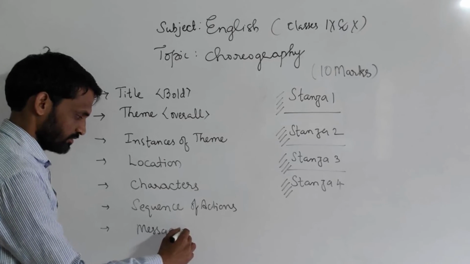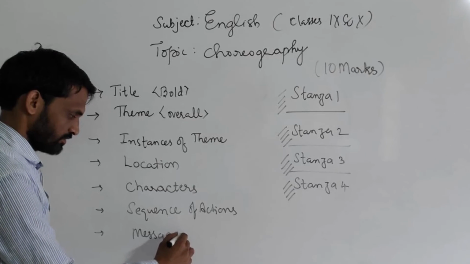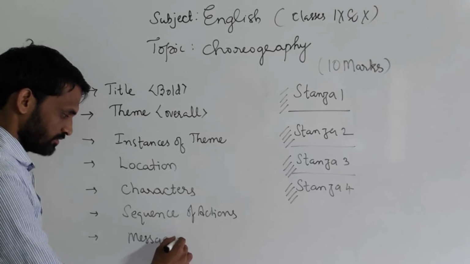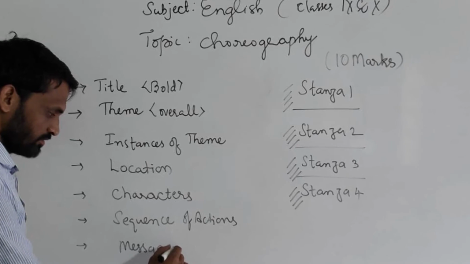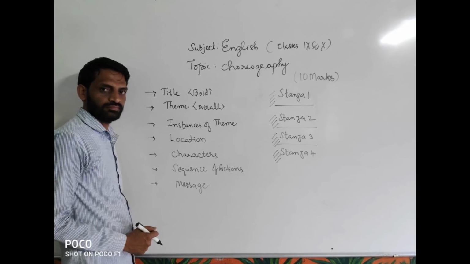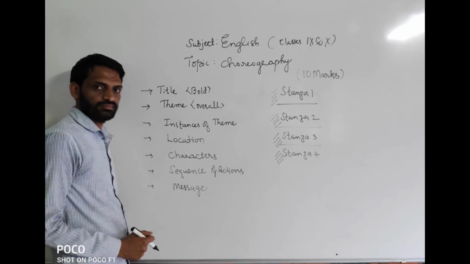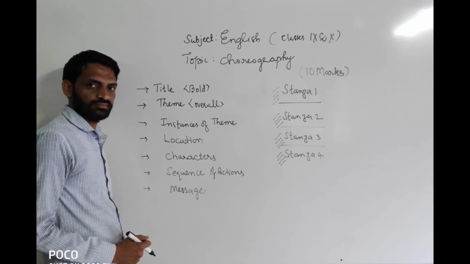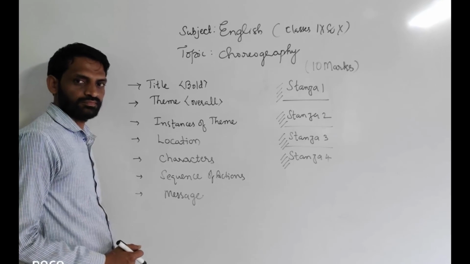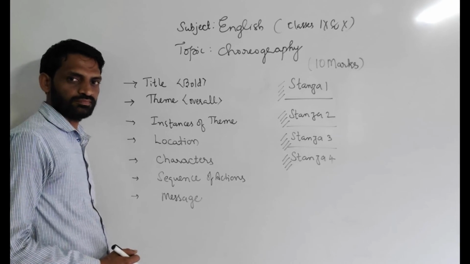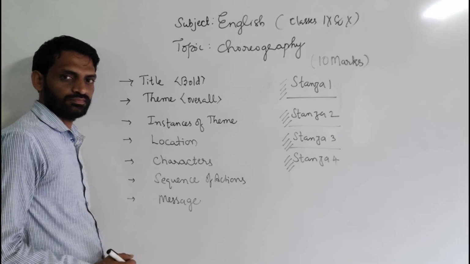The last one is message. This is an optional one. Don't get confused about the difference between the theme and the message. Theme, as I already explained, is an overall understanding of the particular poem, what the poet is trying to convey to us.